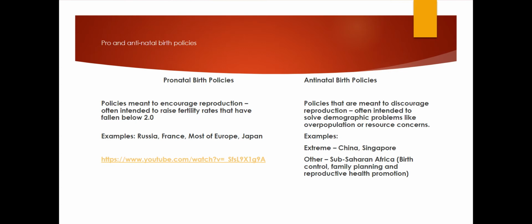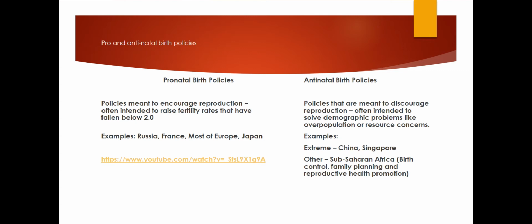So in general, you'll see pro-natalist birth policies more associated with more developed countries that are, in essence, trying to encourage people within their country to have families or larger families, or trying to stop some of the negative economic effects of having fertility rates that are below 2.